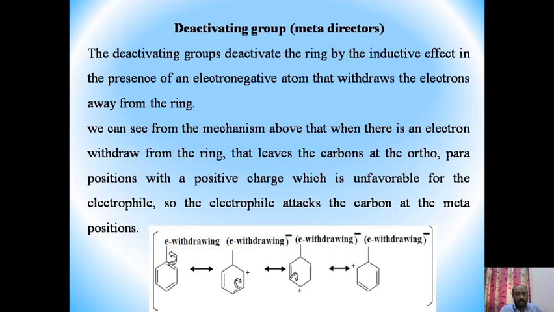As a result, the carbons present inside that benzene ring all become positively charged. That means this carbon becomes positive, and in this way it will give different resonance structures.